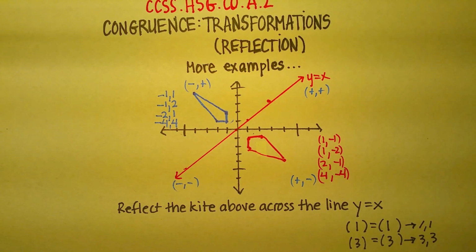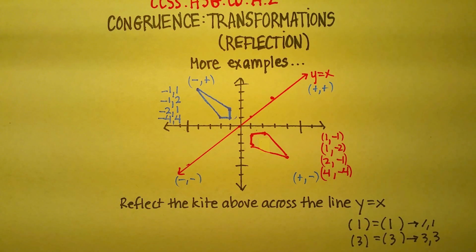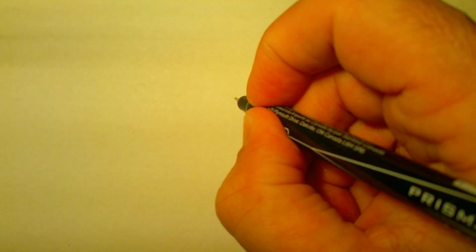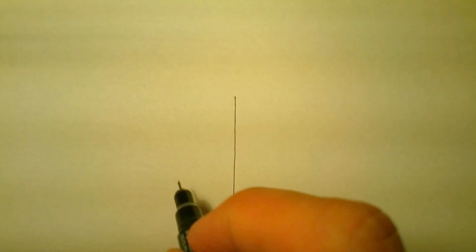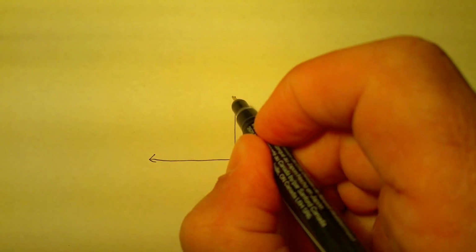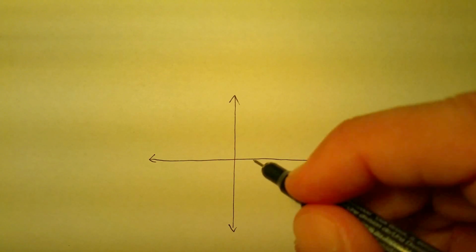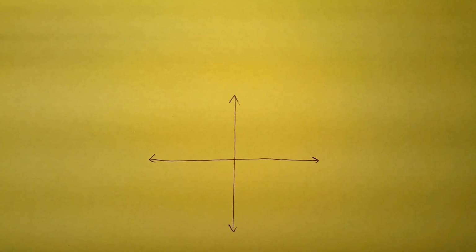Okay, now I want you to try something using the same knowledge that you just learned here. Let's come up with a different problem. This one's a little bit more complicated, perhaps, for some of you. Here's the problem. Here's our XY axis. And I want you to reflect this figure.